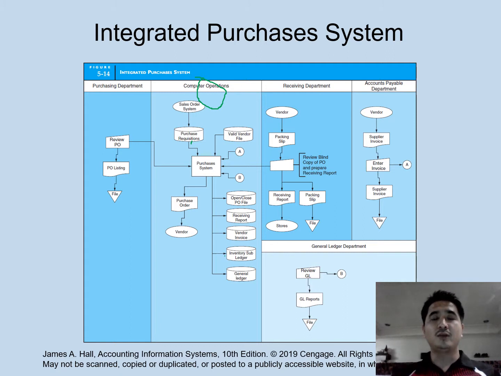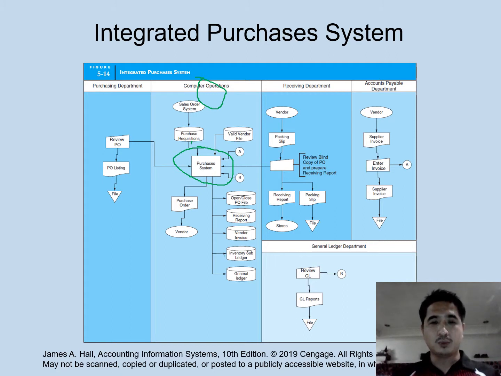The bulk of the activities are under here, and most specifically the computer operations department handles the purchase system, which processes most of the activities. The purchase system is programmed, so the computer logic of the system processes the activities.